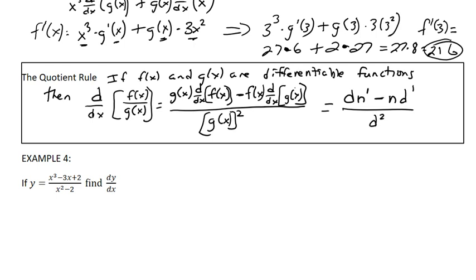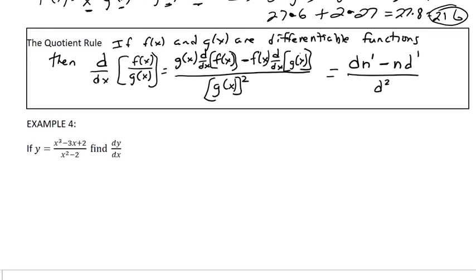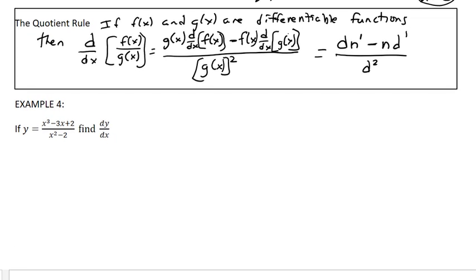So if I want to take the derivative of this function, example 4 here, dy dx, it's a quotient, obviously a quotient. The quotient rule is easier to recognize because you obviously have to have two functions divided, usually going to be a fraction. So it would be the denominator times derivative of the numerator minus numerator times the derivative of the denominator all over the denominator squared.